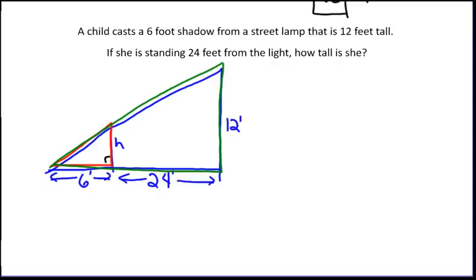They are both right triangles. They both share this angle, and so therefore this angle must also be equal to this angle. So because we have two similar triangles, we know that their sides are proportional.